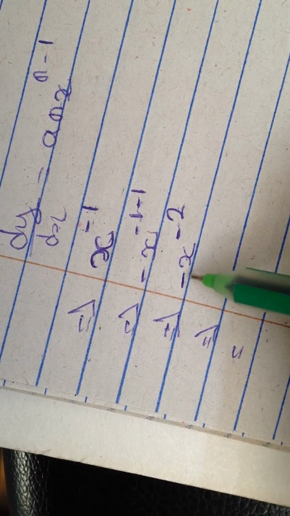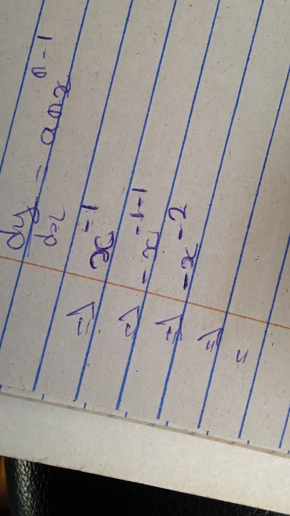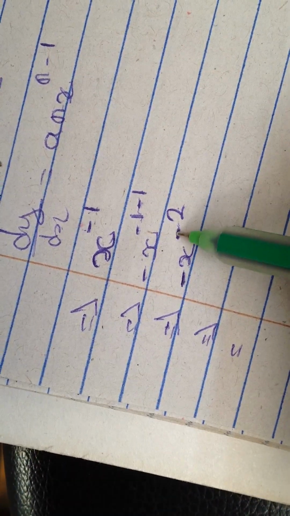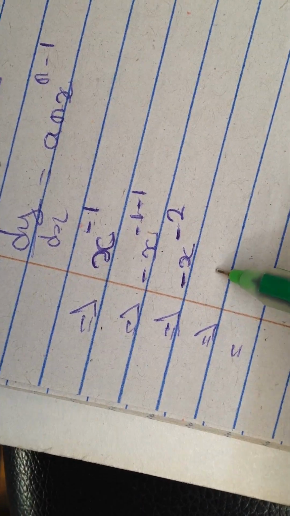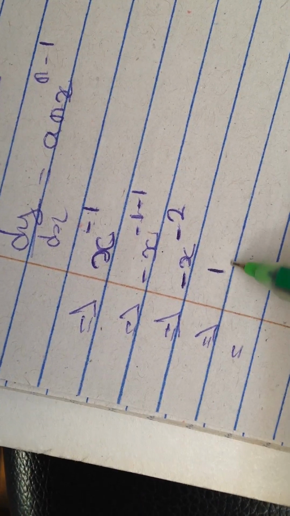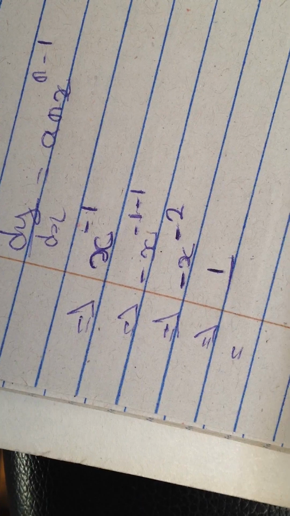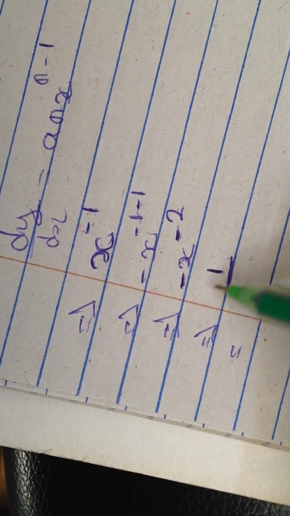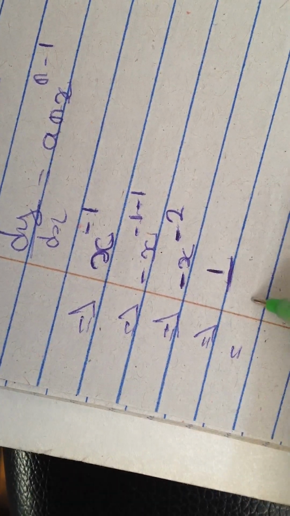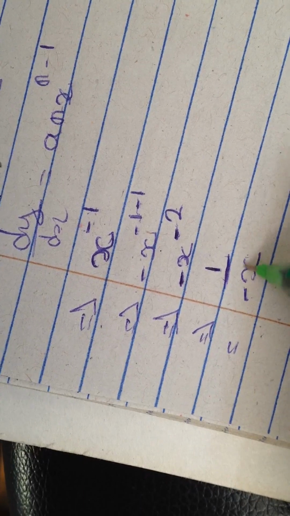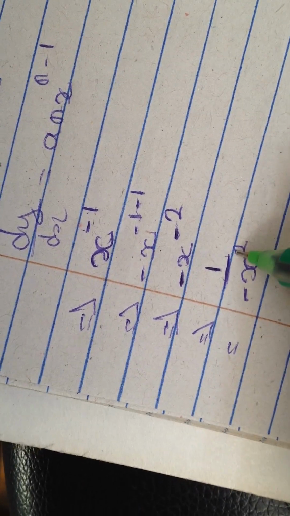So here you have negative x raised to power negative 2. This negative here is a bar, so it will be 1 over negative x raised to power 2.